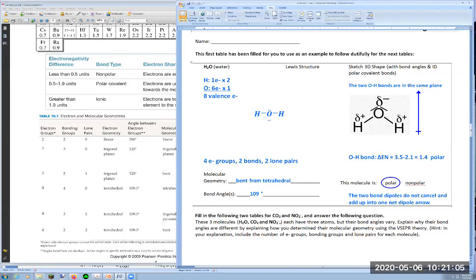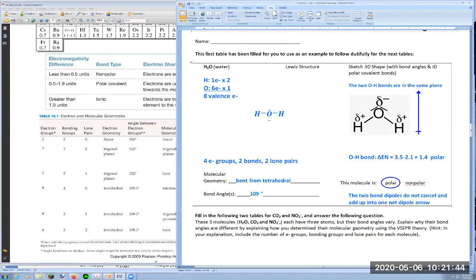So when you draw it, and here I took this from the internet, you place those 2 single bonds as straight lines because they are both in the plane. Oxygen and the 2 hydrogens are in the same plane, and that's how you would draw that. I don't like the way the lone pairs are drawn. I prefer dots, 2 pairs of dots. And because they are in the plane, you don't need wedges.